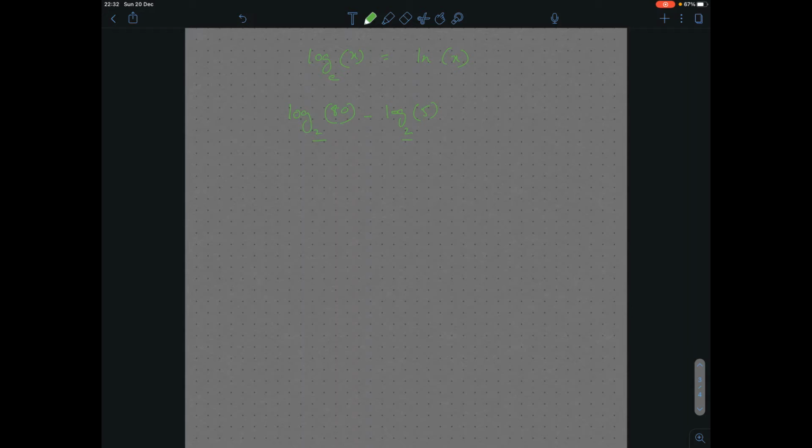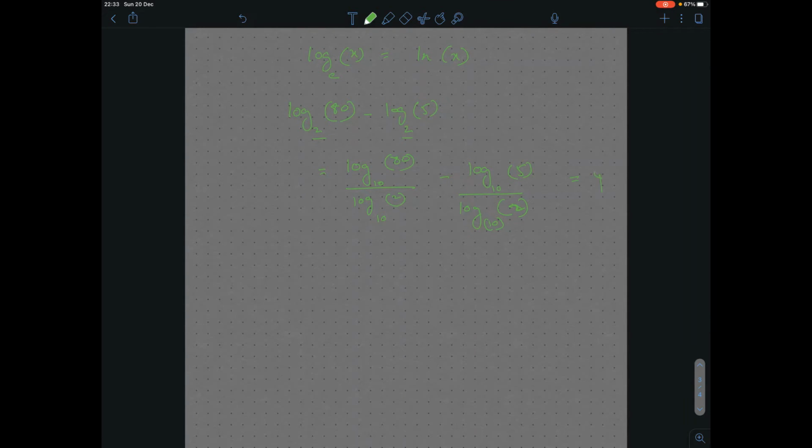So you could write this as log base 10 of the number 80 divided by log 10 of the number 2, minus log with respect to base 10 of 5 divided by log with respect to base 10 of the number 2. Just plug that into your calculator and you will get the answer, which is supposed to be 4.